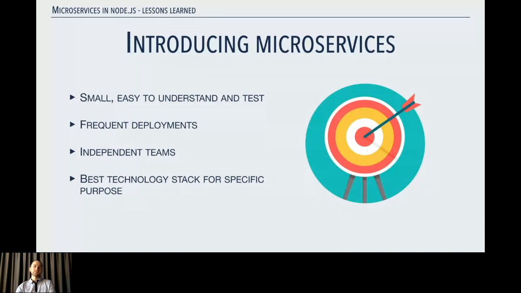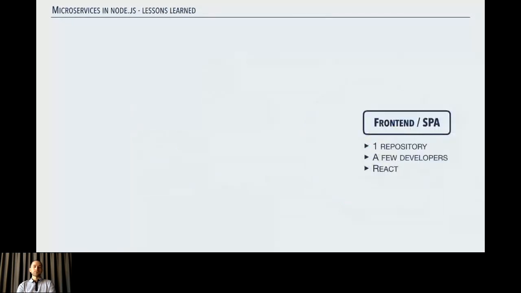For example, we can have Node.js for some security stuff, or we can have some Python microservice for other stuff to do. And yeah, so let's split that monolithic backend I showed you previously into microservices.